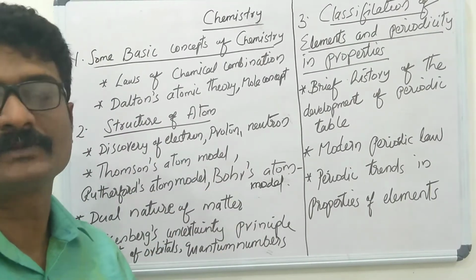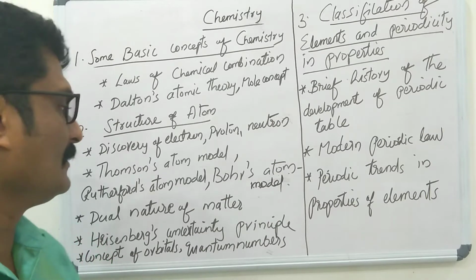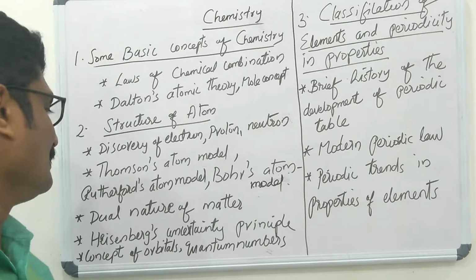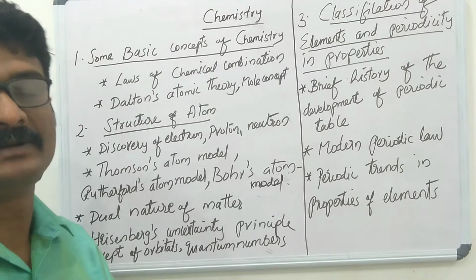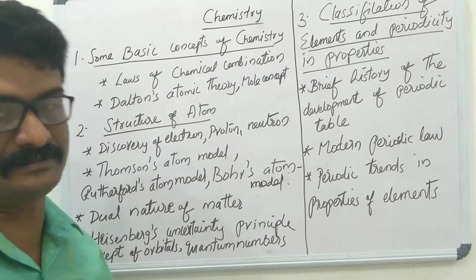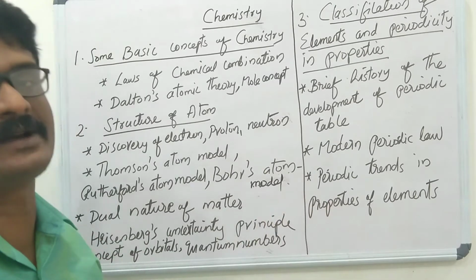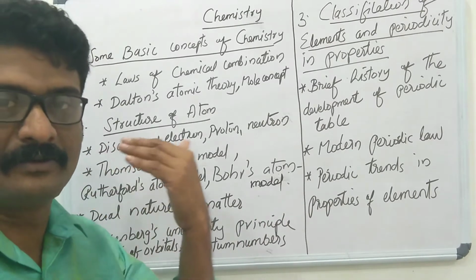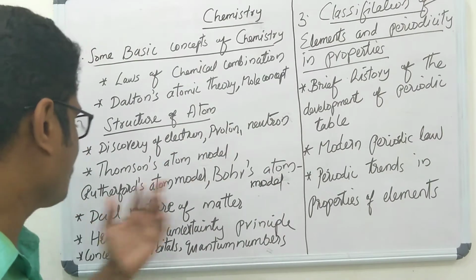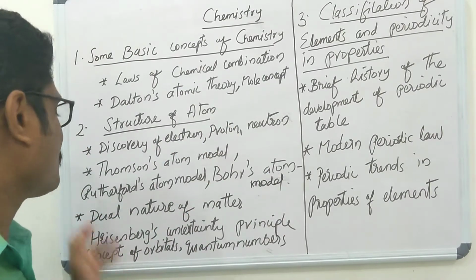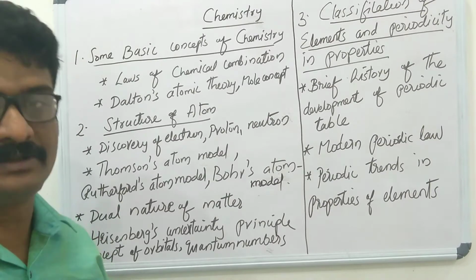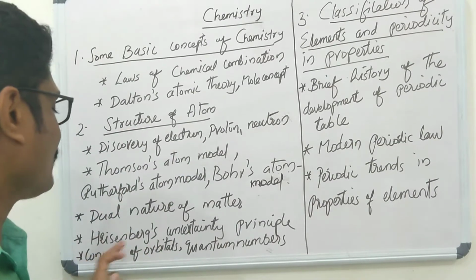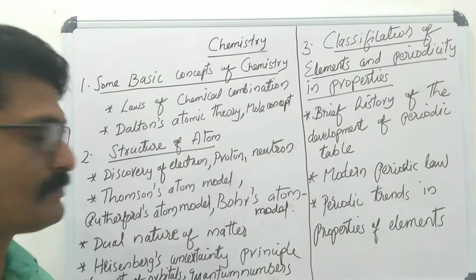Next, Bohr's atom model. Then dual nature of matter. Matter behaves like particles as well as waves. That is the dual nature of matter. Then the next modern concept in the case of atomic structure, that is Heisenberg's uncertainty principle.